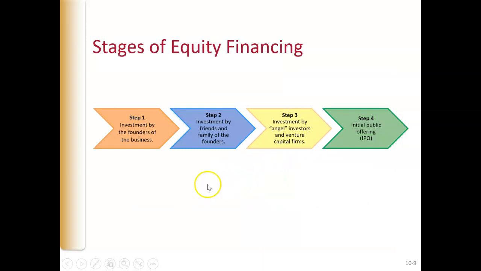Now, when a corporation starts, usually the individuals who invest in a corporation are the founders of the business. And oftentimes to get the business up and running, they get investments by friends and family to help expand the company.